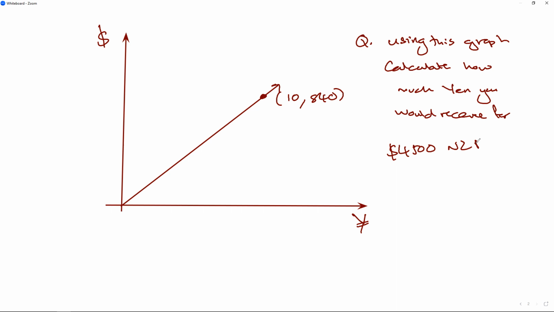So the question is obviously outside this reach. The first thing you notice is that, oh, this is the wrong way around actually, because the x-axis is yen. So let me just swap this around. Let's say this is the yen because that's there, and this is the New Zealand dollar.